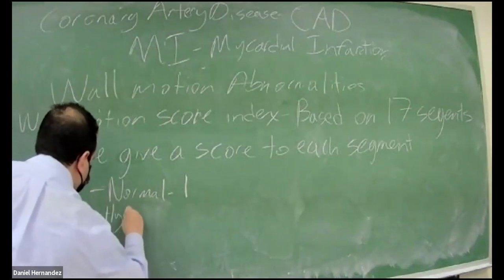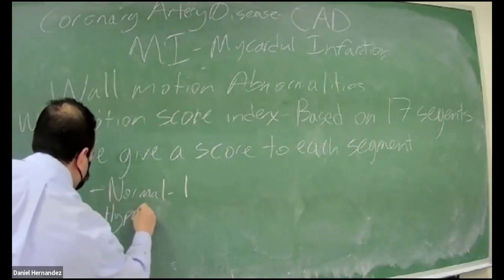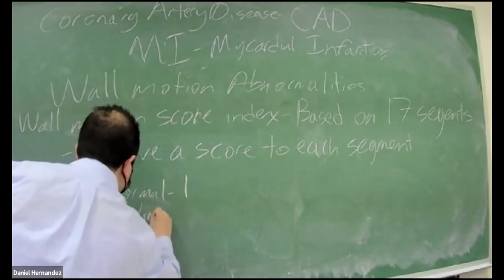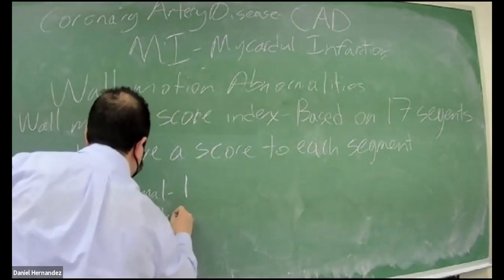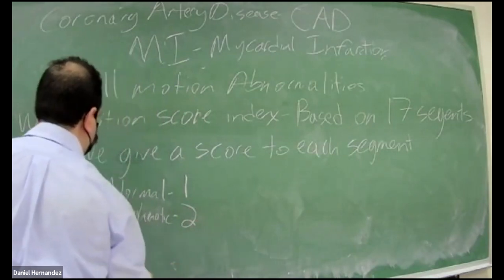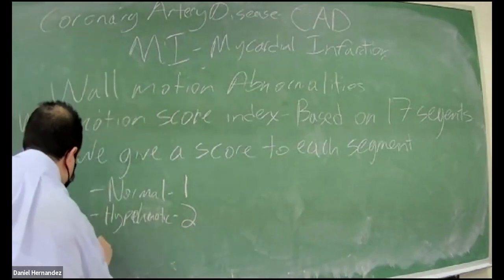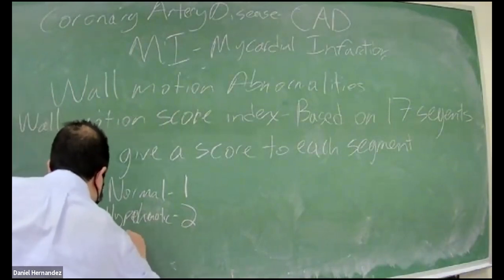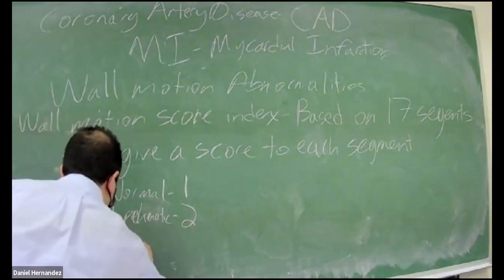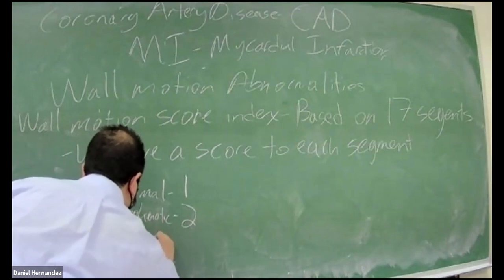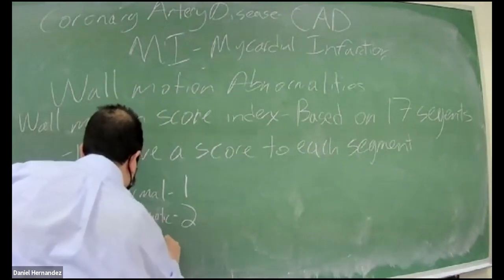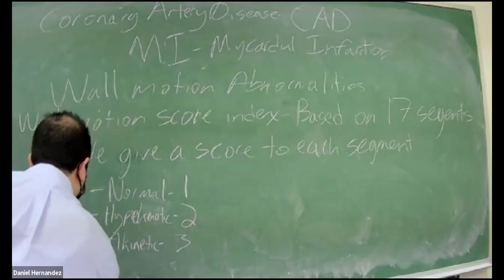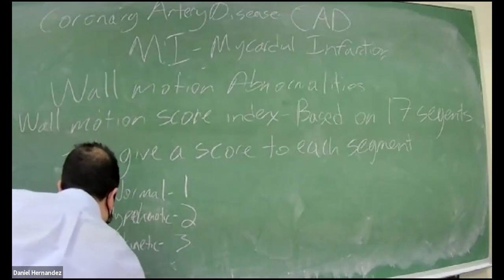Hypokinetic, it's a score of 2. Akinetic, 3. Dyskinetic, 4.